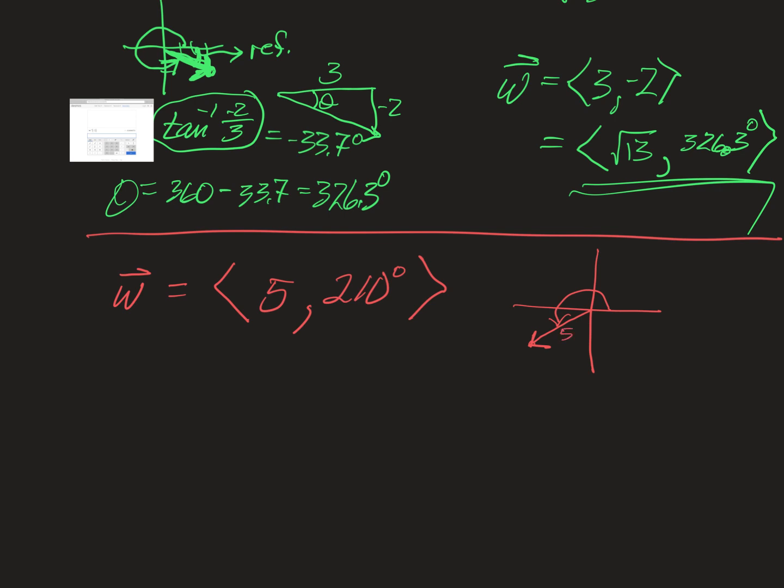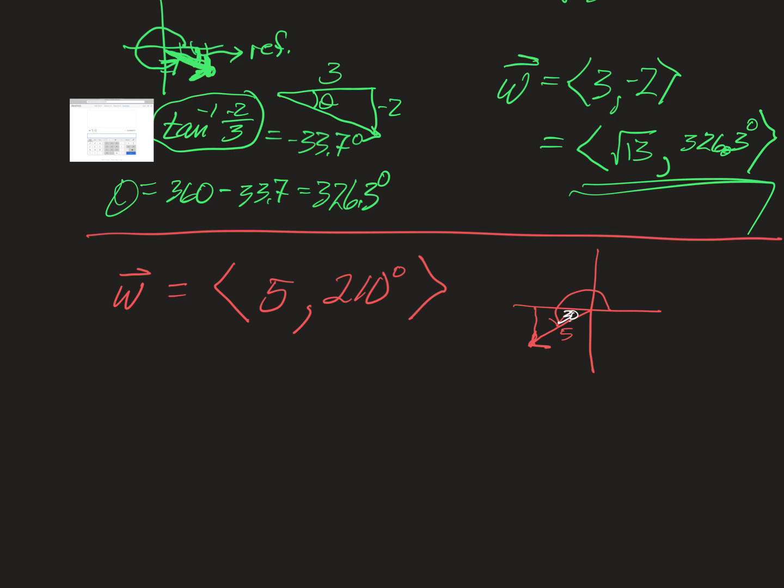So now we want to write this in component form. I want you to think about this trigonometrically at first, okay? What we have here is we know the radius, and we know that the reference angle here is 30 degrees, because 210 minus 180 is 30. So that's the angle right in there, even though all the way over it's 210.